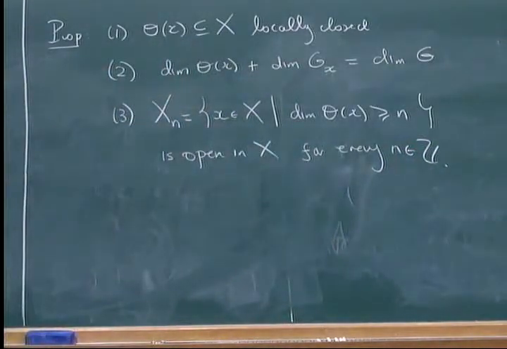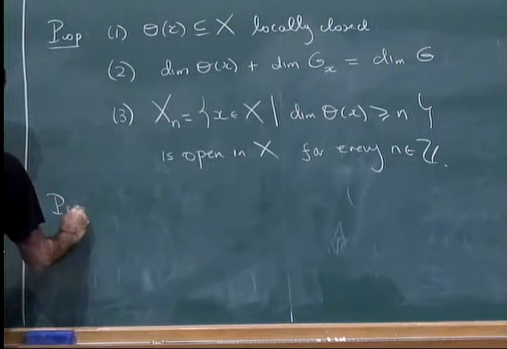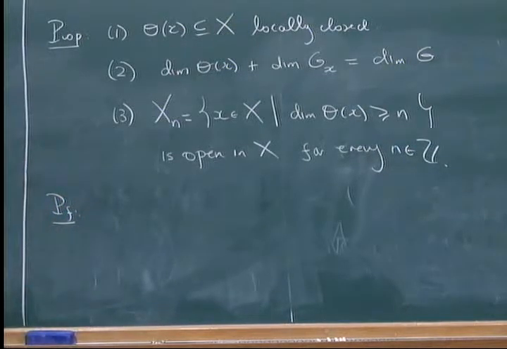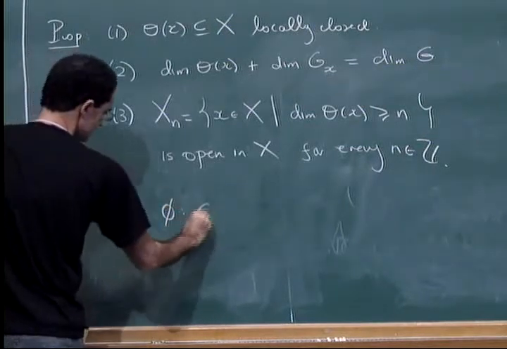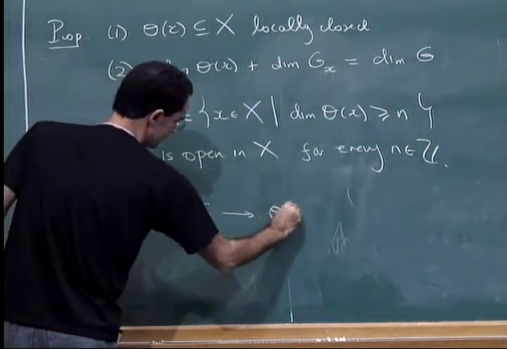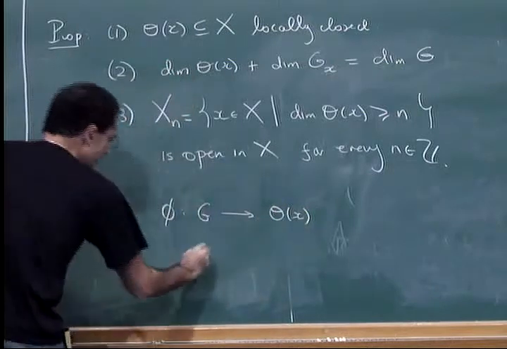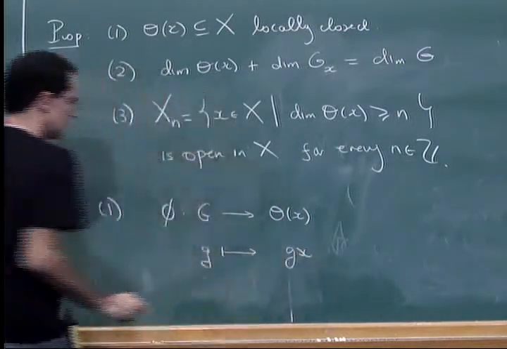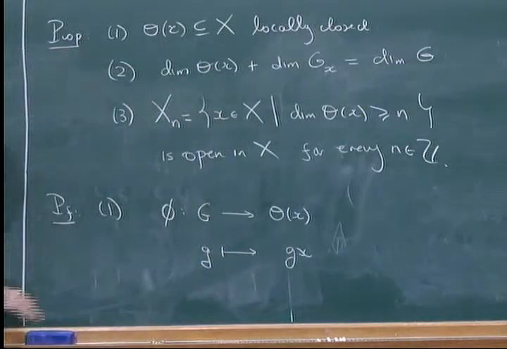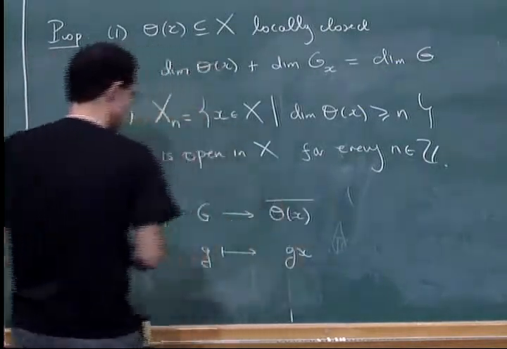Okay? So let me prove this. To prove one, we consider the orbit map, which is a map that goes to here. We want to consider this as a map of varieties, so let me take the closure here.